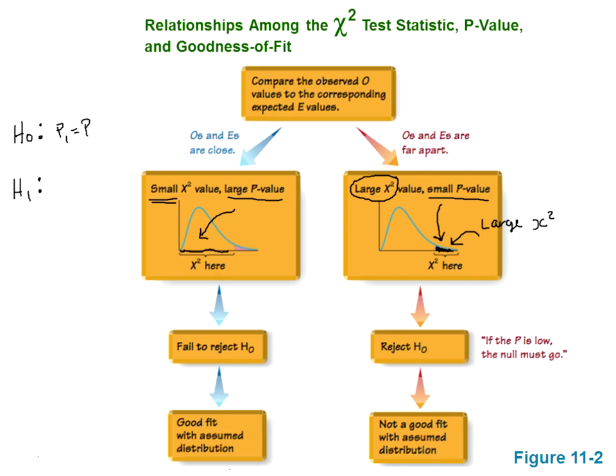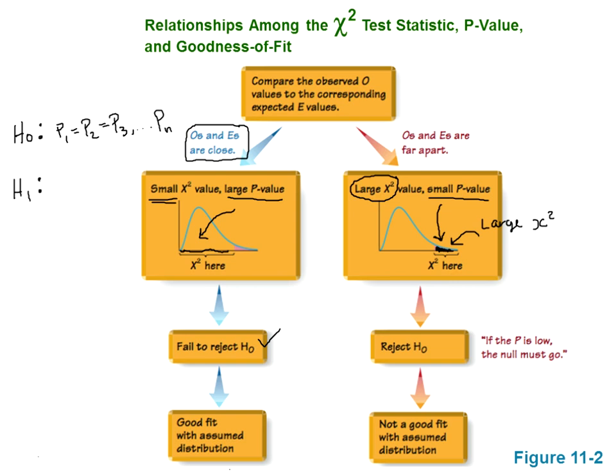It depends on how many we have, but they're all going to be equal. If they're all equal, we would fail to reject the null hypothesis, and that means that the observed values are what we would expect would happen.